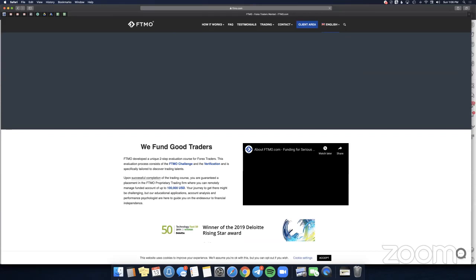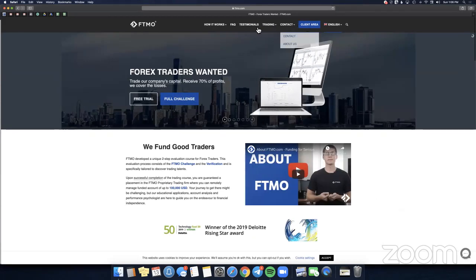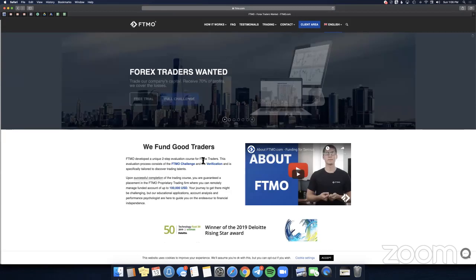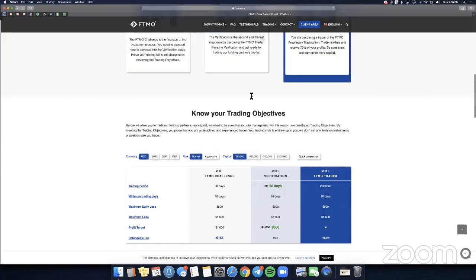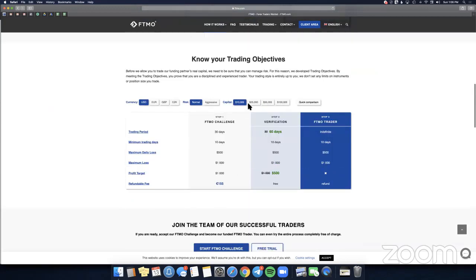If you can't trade your own account, it's going to be impossible for you to be consistent with FTMO, because FTMO requires that you trade with good risk management. So basically, you'll sign up for an account, depending on your account size. I have the 100,000 account right here. It costs 540 euros to sign up.